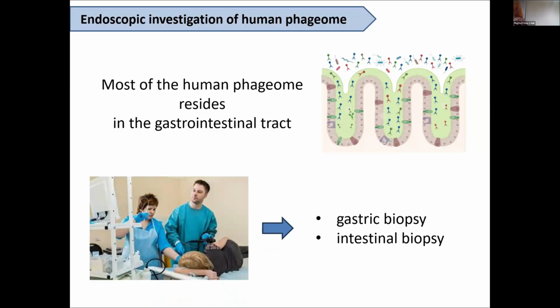Because feces may contain a lot of transient phages that come with food and water, and they do not always reflect very well what's going on on the mucosal surfaces. I will talk about two different studies here. One was a gastric biopsy, which means that we investigated stomach phages, and then we moved to intestinal phages.